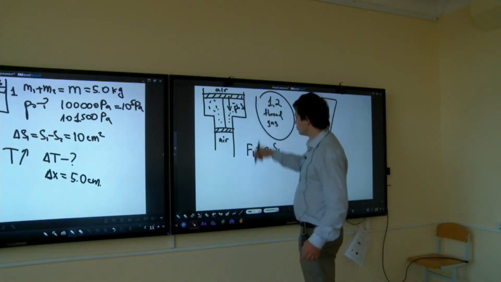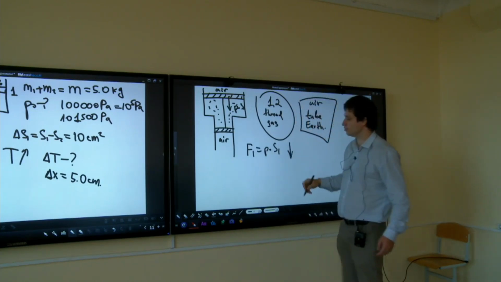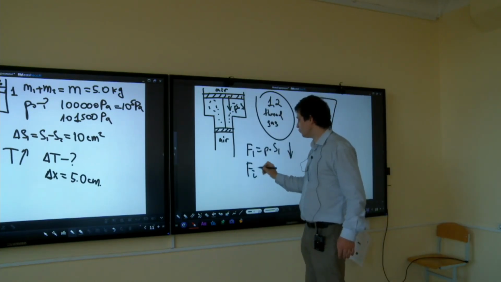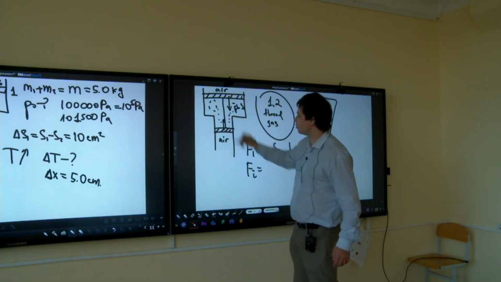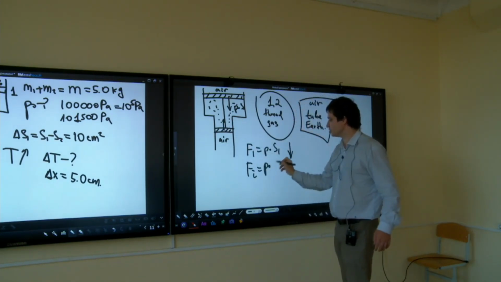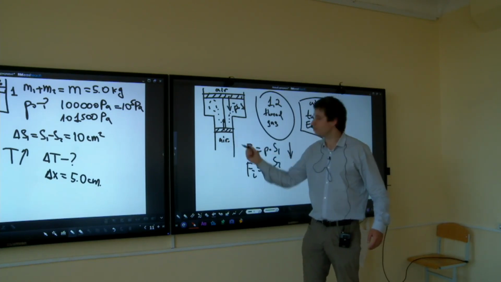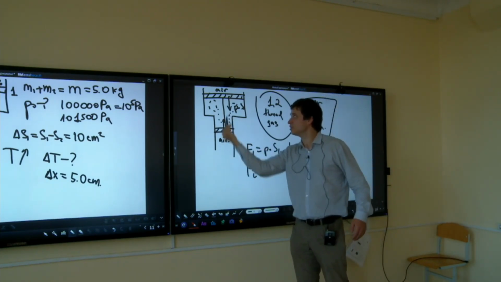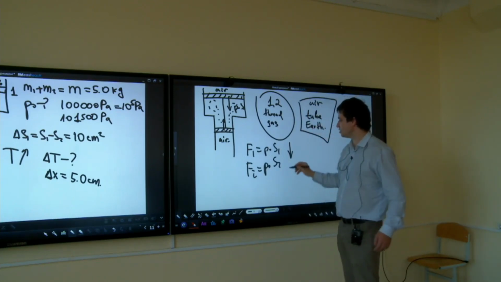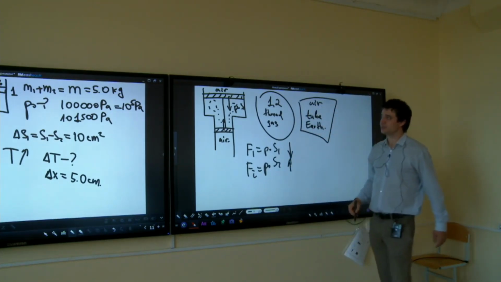This force acts downwards. Another force acts upwards, and this is P0 times S2. So here, air below presses this piston, and this force acts in that direction.